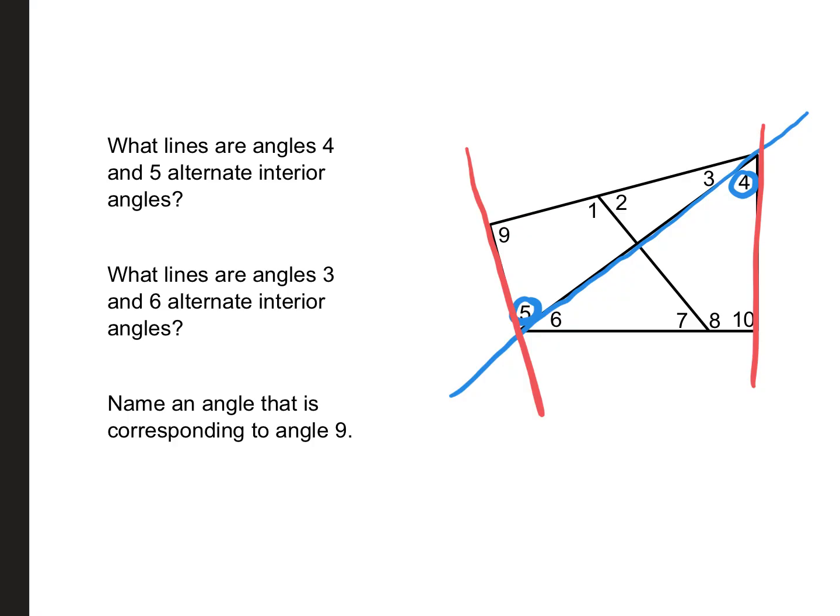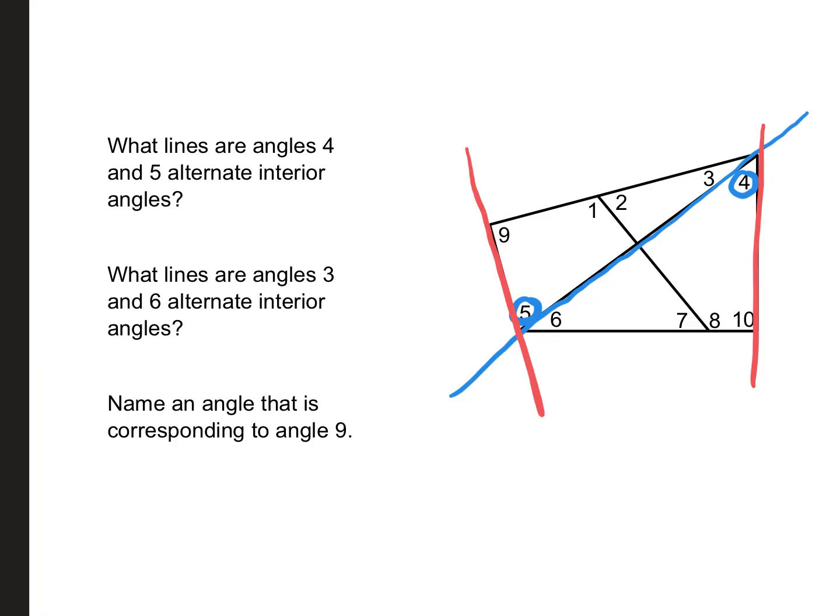Okay, so again, just getting used to that identification here. So these would be the 2 lines that you see here. I know I don't have any points and letters labeled for you, but just to make the point, those 2 red lines you see there would be the ones we need to focus on for angles 4 and 5 to be alternate interior angles.